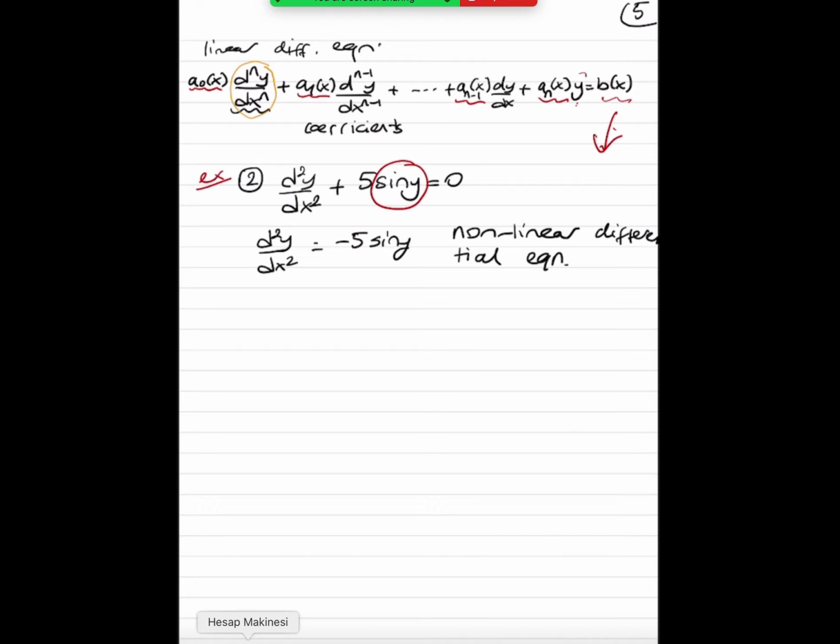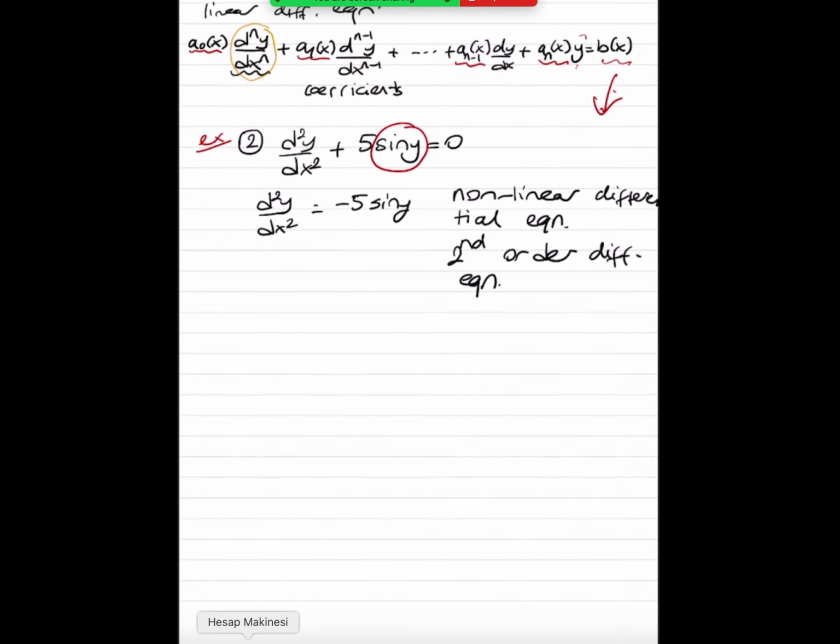But we can still talk about the order. What is the order? It is a second order differential equation. So this is a second order nonlinear differential equation.